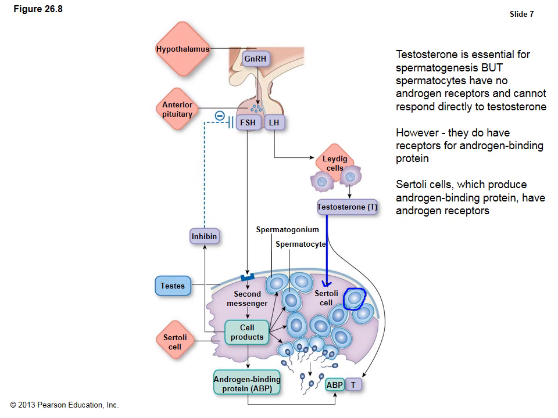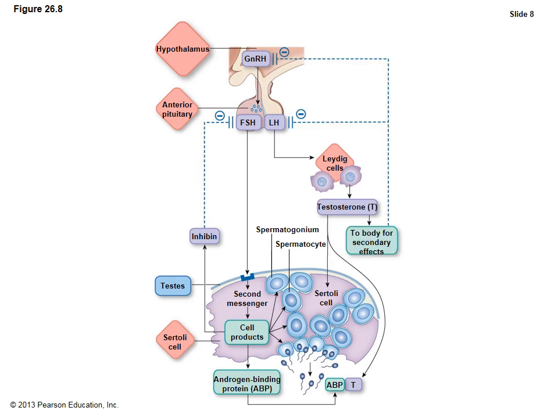So testosterone cannot directly bind to the spermatogonia or the spermatocytes because they lack these receptors. Testosterone then initiates the negative feedback mechanism to inhibit the luteinizing hormone and also the production of gonadotropin releasing hormone.